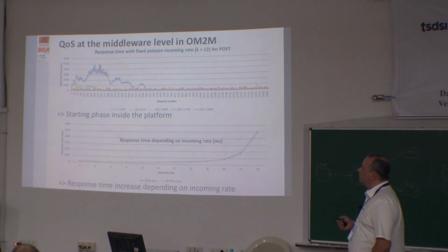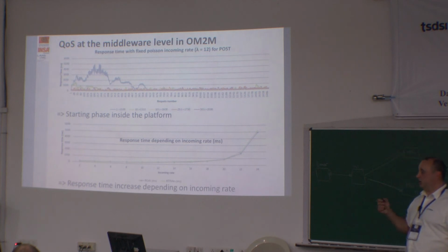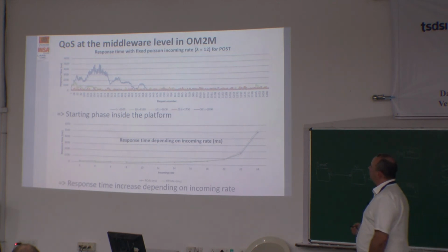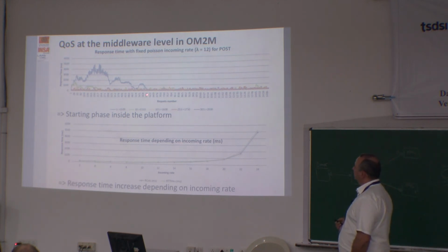In fact, it's very low. So we studied this and saw that there is a problem with some caches inside OM2M on the database. At the beginning, when we start to make posts, we need to load some resources inside the cache of the database, and it takes a little time.